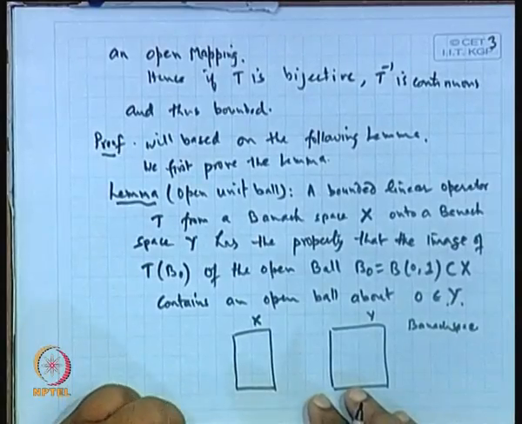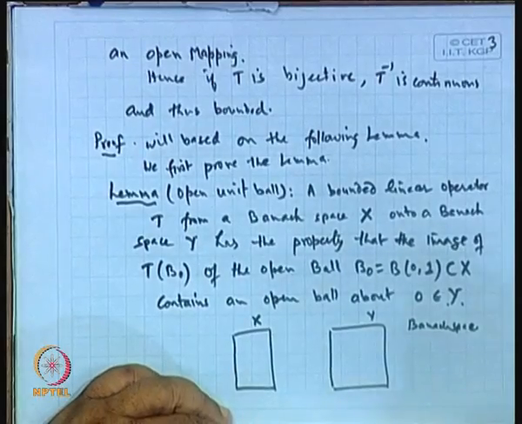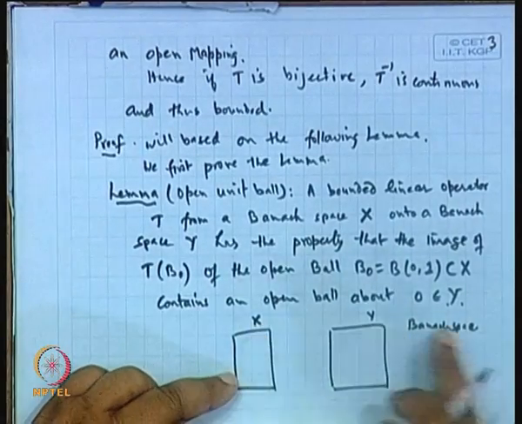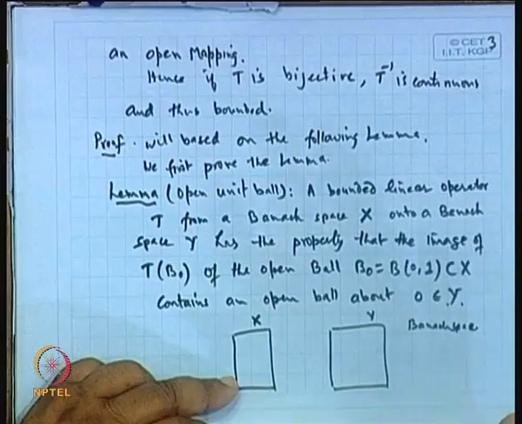In the case of the Hahn-Banach theorem, we do not require any completeness, simply X and Y to be vector spaces, real or complex, and we can extend it. But here, in the case of the open mapping theorem as well as the closed graph theorem, we will see that both X and Y must be Banach spaces.